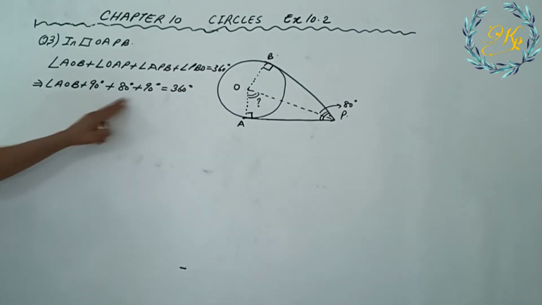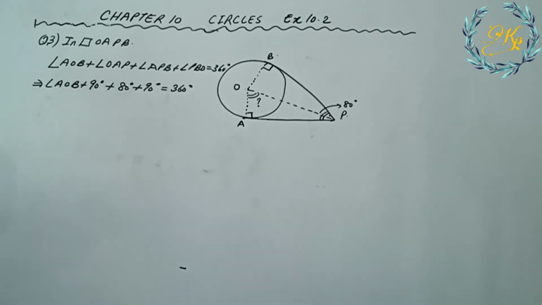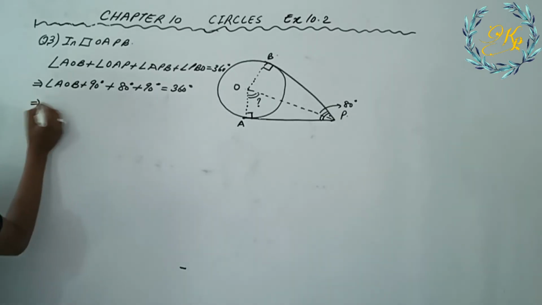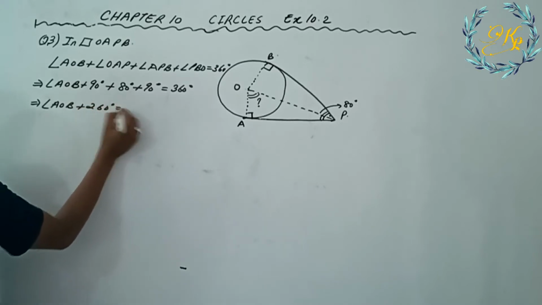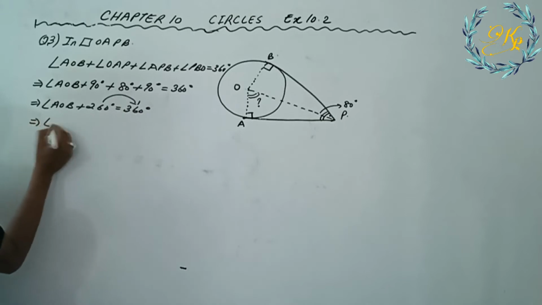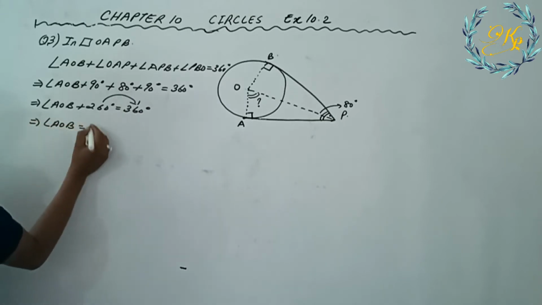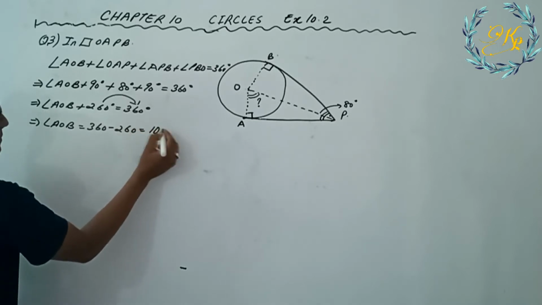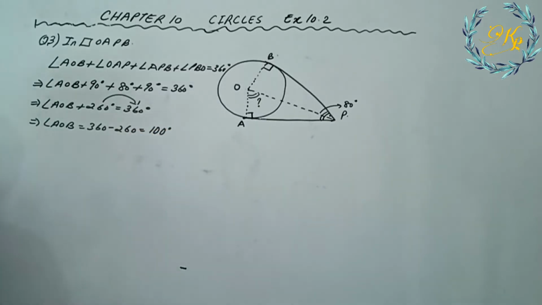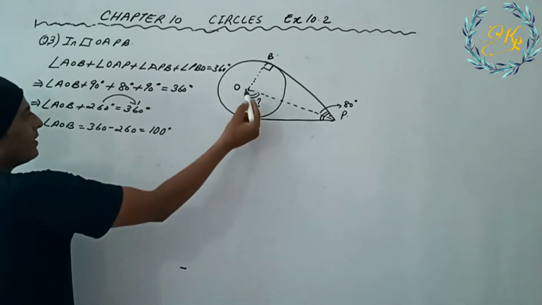Now add all these three values, you get the answer as 260. So you will write angle AOB plus 260 is equal to 360 degrees. Taking this value on the right hand side, you get angle AOB is equal to 360 minus 260, which is equal to 100 degrees.